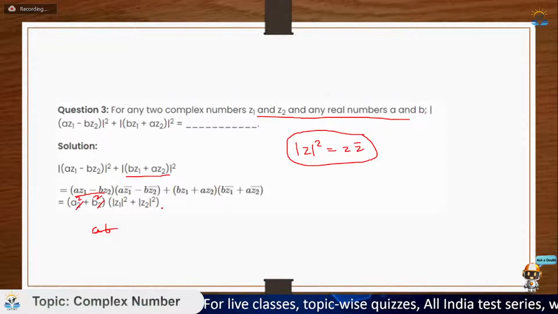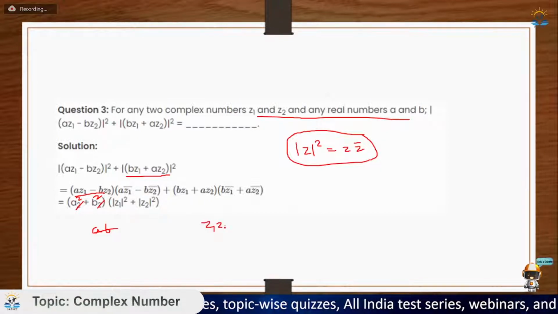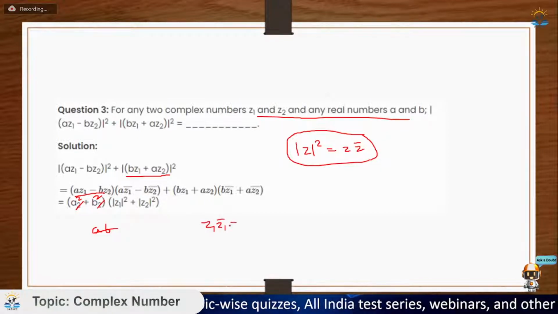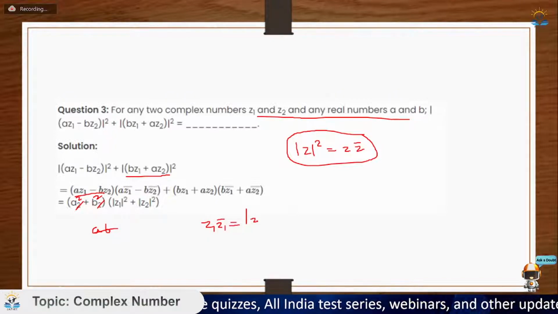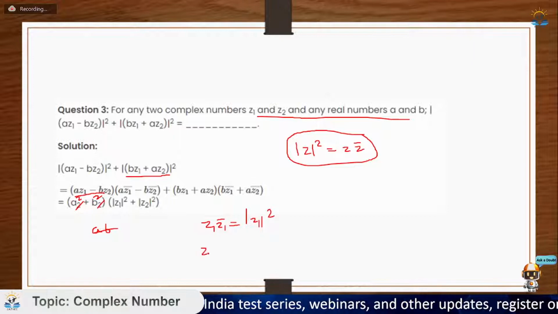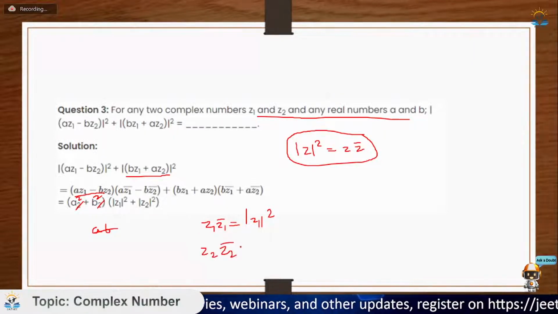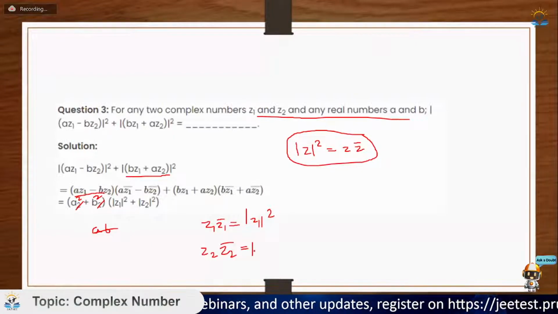into mod of z1 square plus mod of z2 square, because again z1 into z1 bar is equal to mod z1 square, and similarly z2 into z2 bar is equal to mod z2 square.